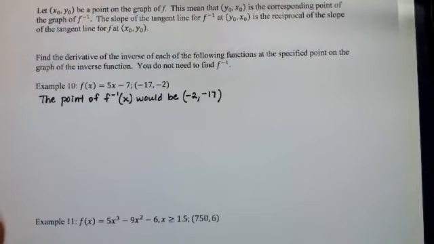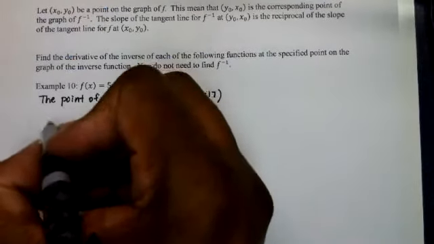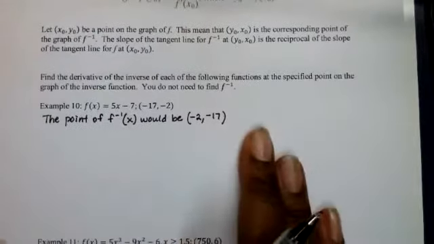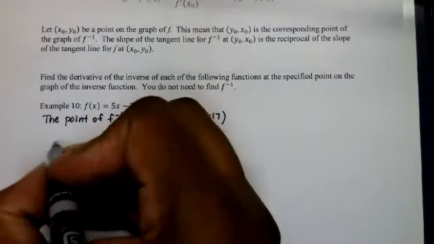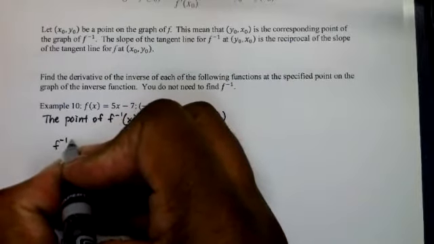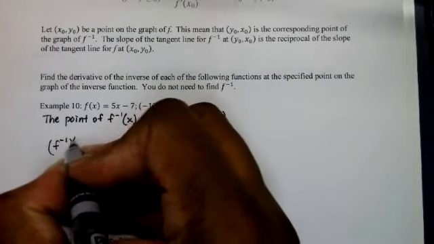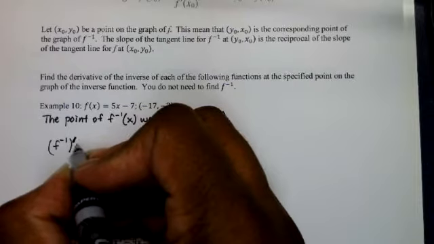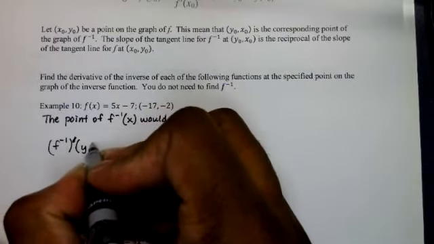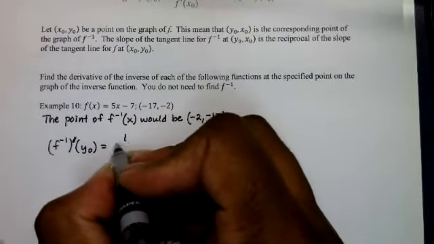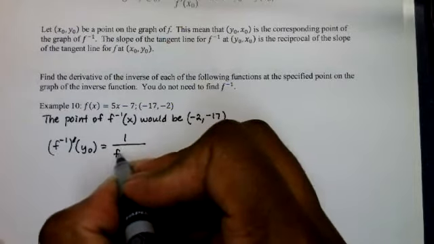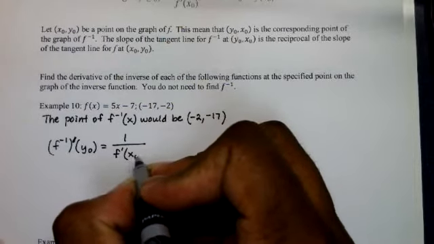So using the theorem, the derivative of f inverse at y sub 0 is equal to 1 divided by f prime of x sub 0.